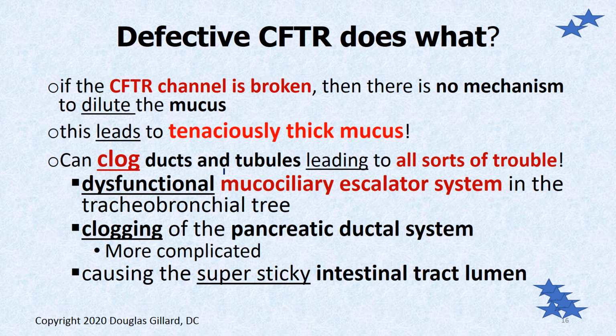It can clog up the main bronchial airways, the small airways, and lead to all sorts of trouble, including mucus plugs, where you get atelectasis in addition to chronic pneumonia. So all kinds of problems. It also clogs up the pancreas. We talked about that.